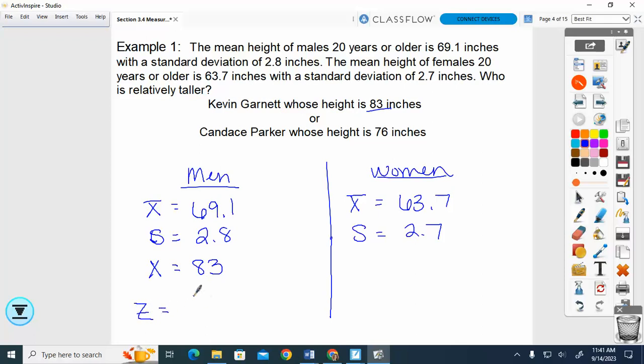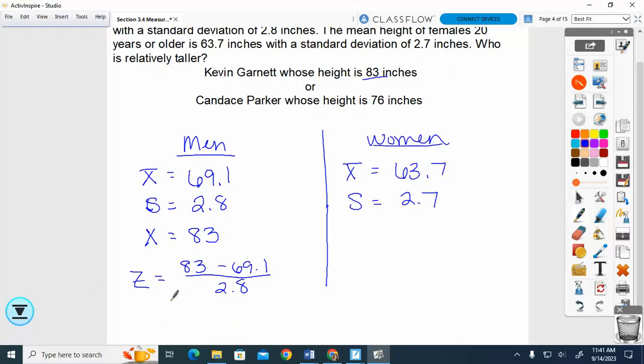So z, formula is x, your value, minus the mean, divided by standard deviation. 4.96.